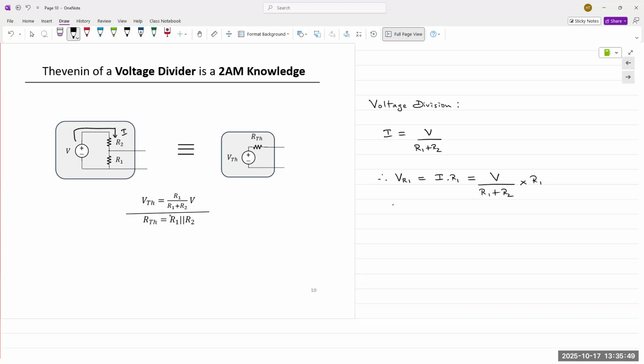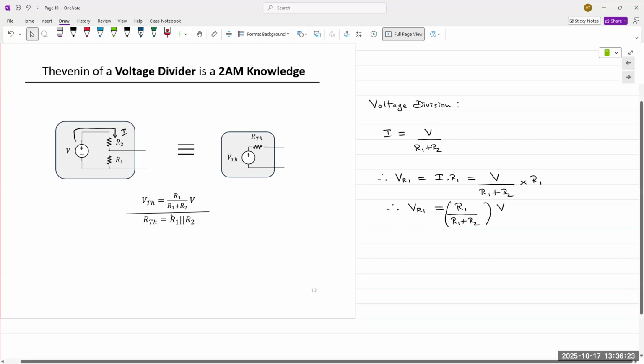We rearrange the terms, and what do we get? VR1 is equal to R1 over R1 plus R2 times your source voltage V. Let's take a pause while you go through that. Let me know if you have any questions. It's repeated applications of Ohm's law, right?